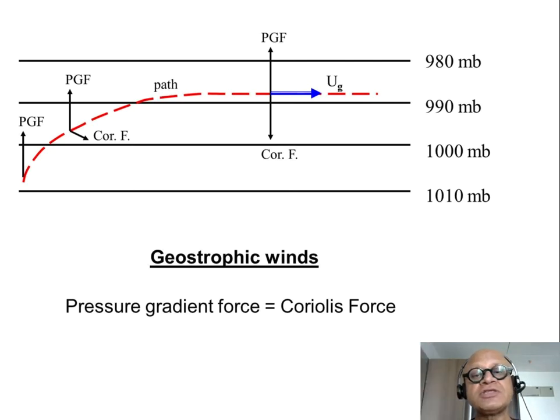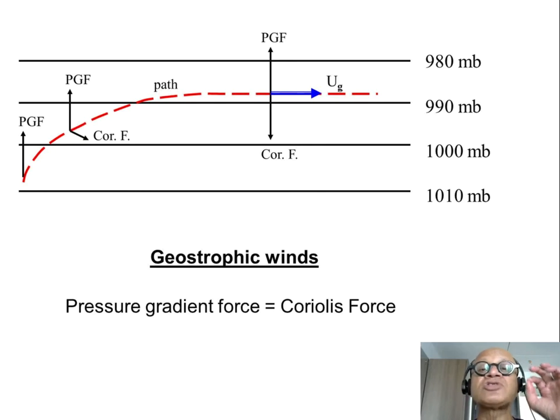So look at this cartoon I have drawn here. We are going from 1010 millibars to 980 millibars, which is a significant change, by the way. Could be a cyclone or a hurricane. So you have a parcel of air at high pressure, let's say between 1010 and 1000 millibars.